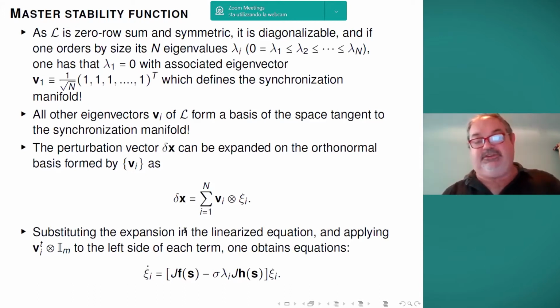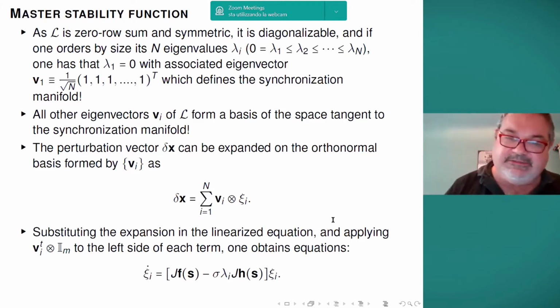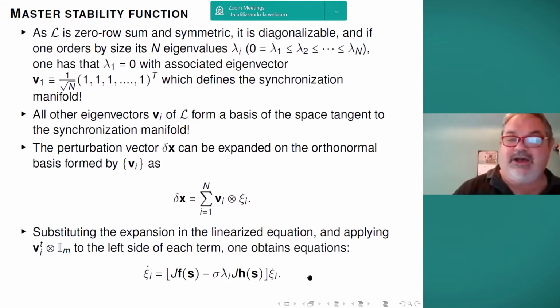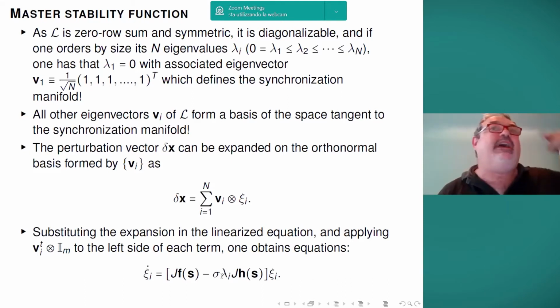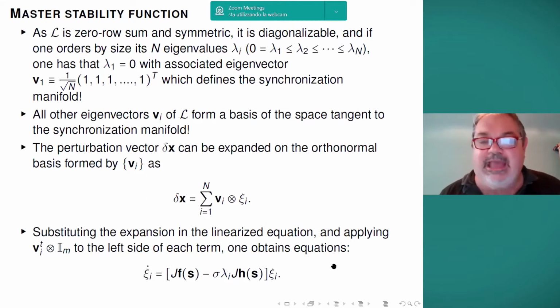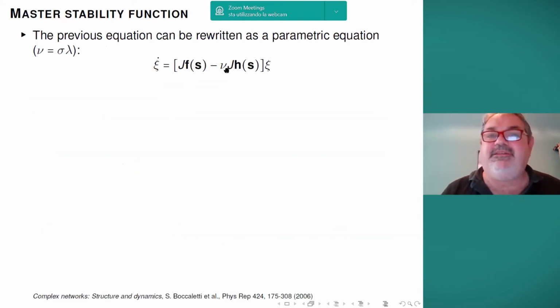So you see the equations are these, and now you notice another important characteristic of these systems: if you take the coefficient xi and the coefficient xi prime, the only difference in the equation is the value of the corresponding eigenvalue. In one case you have lambda i, and in the other case you would have lambda i prime. So the genial idea of Pecora and Carroll was, let's consider this equation and parameterize it. That is, let's substitute sigma lambda with a parameter nu.